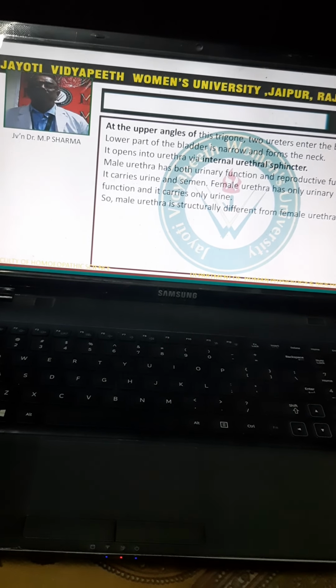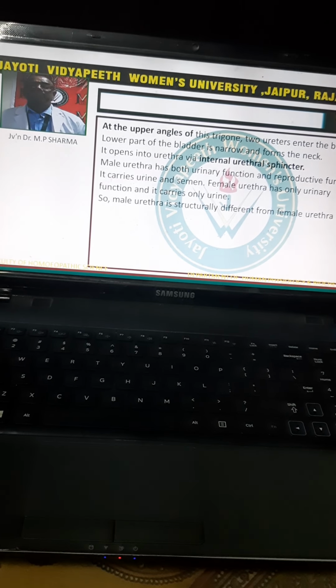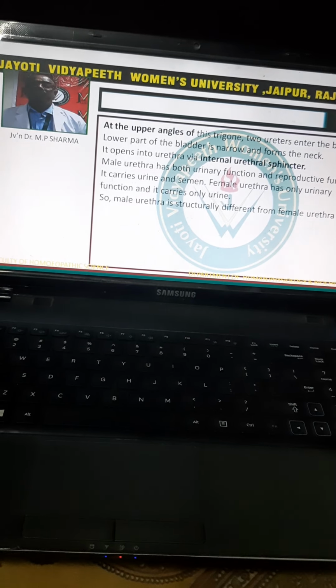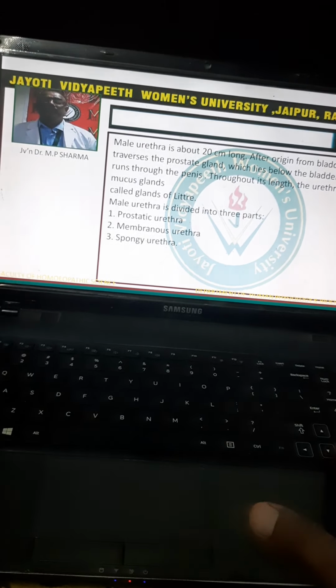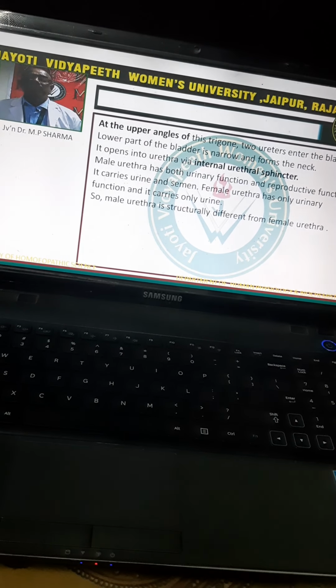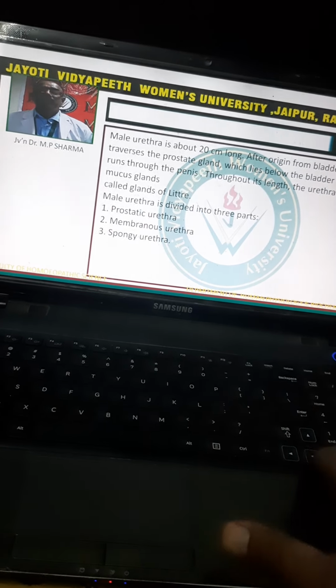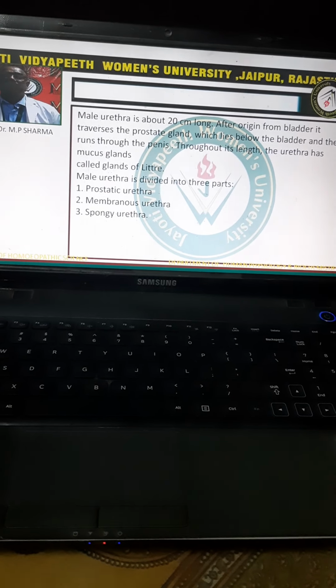The male urethra has both urinary and reproductive functions. It carries urine and semen. The female urethra has only urinary function and carries only urine. So the male urethra is structurally different from the female urethra. The male urethra is about 20 cm long.